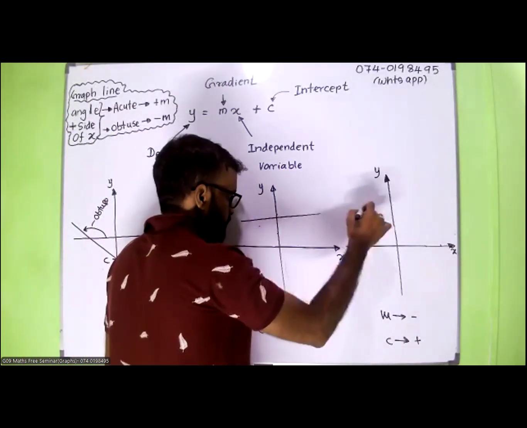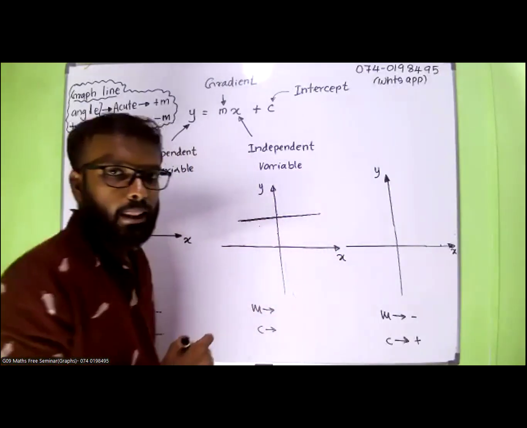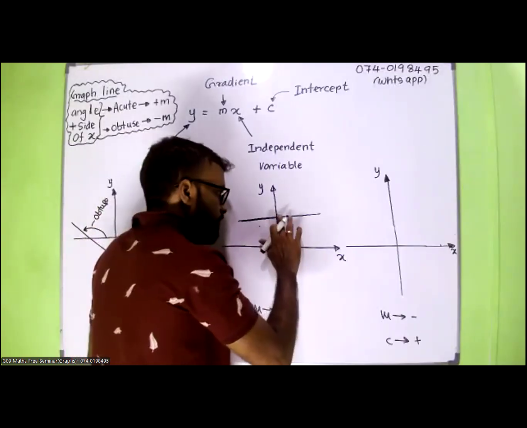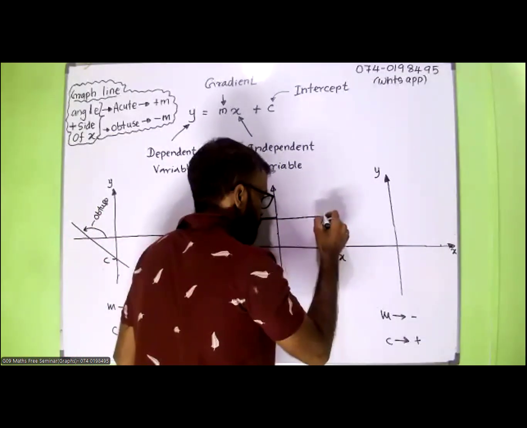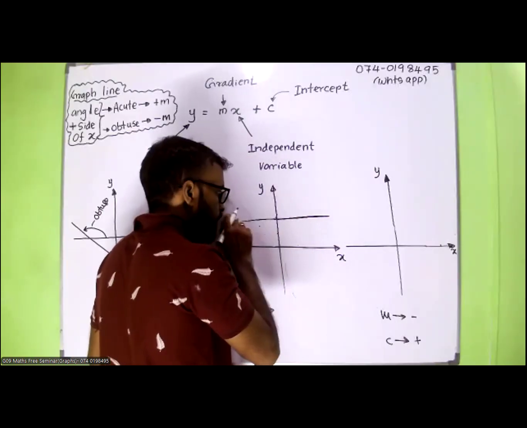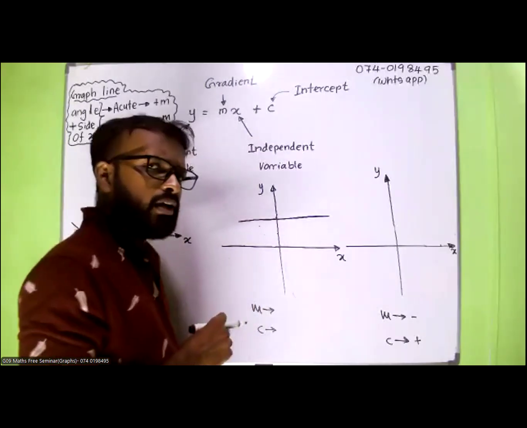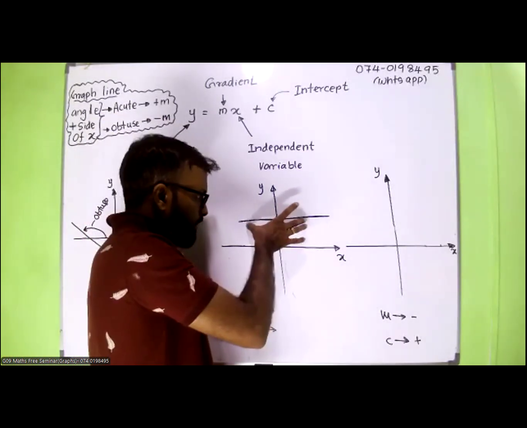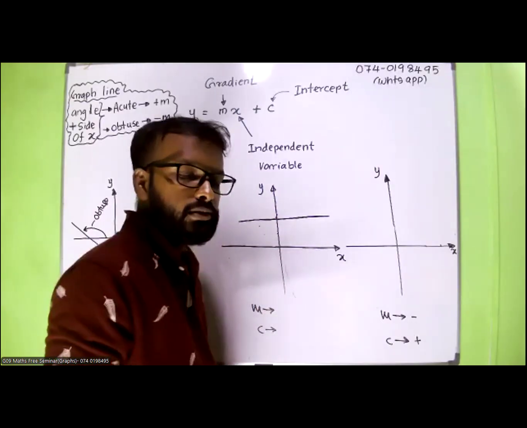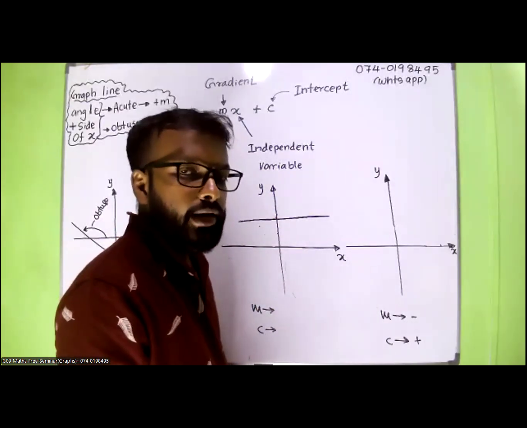What is this? Sorry, it is parallel to the x-axis. If the graph line is parallel to the x-axis, are there any gradient?